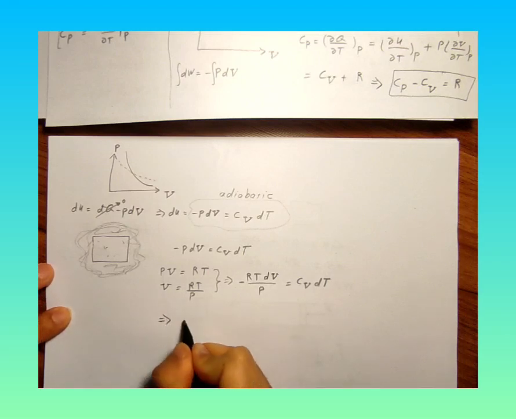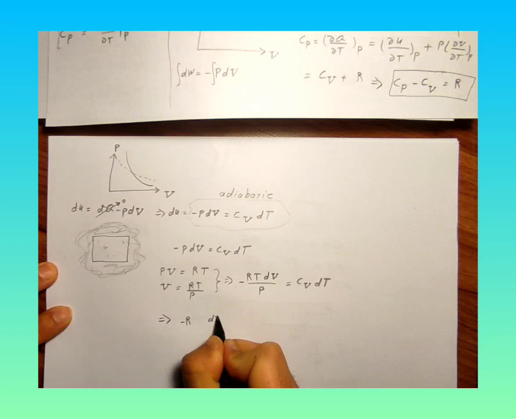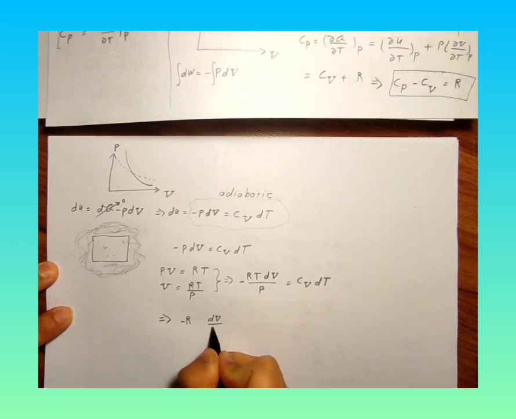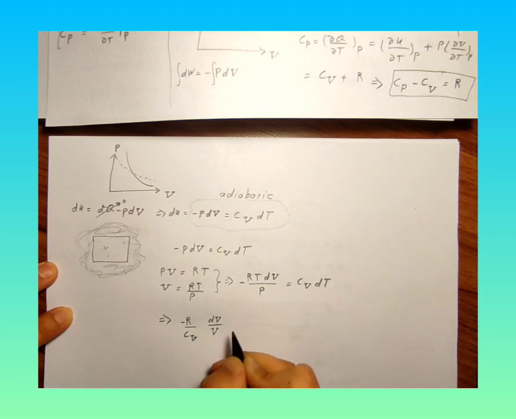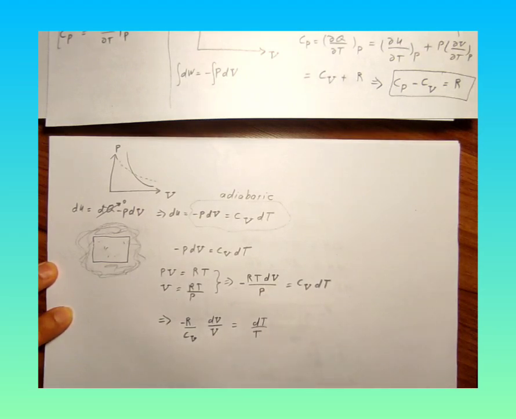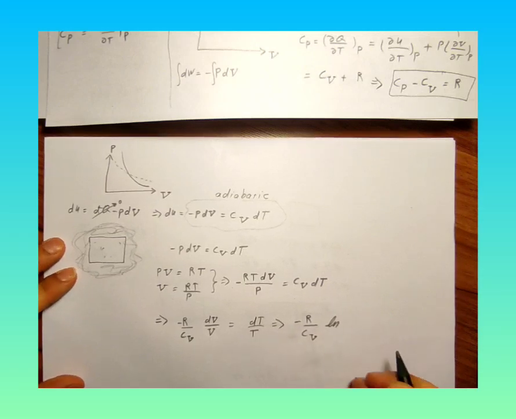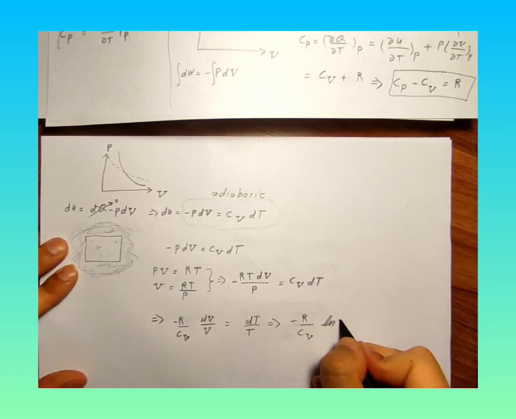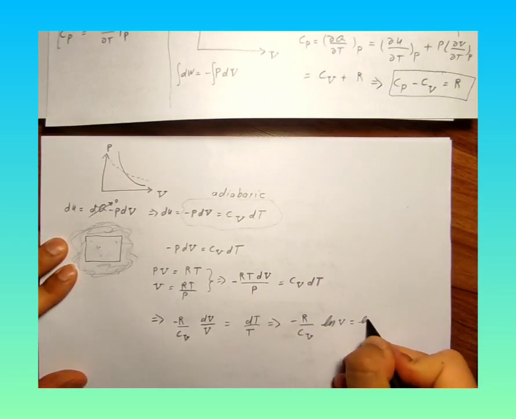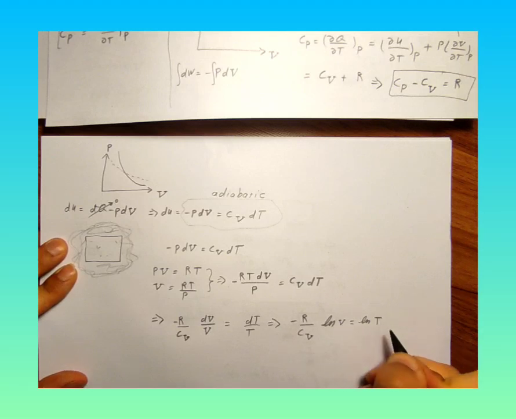So minus R dV over V, we have a Cv here, is equal to dT divided by T. What is the answer? The answer is minus R divided by Cv, logarithm of V is equal to logarithm of T.